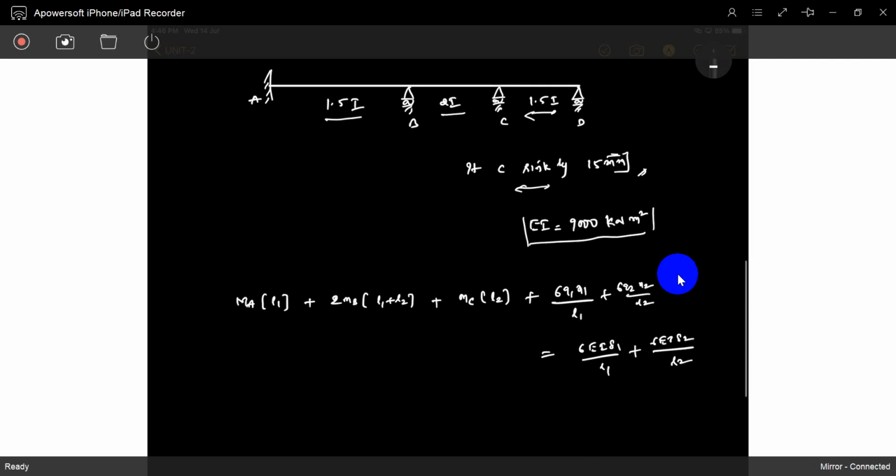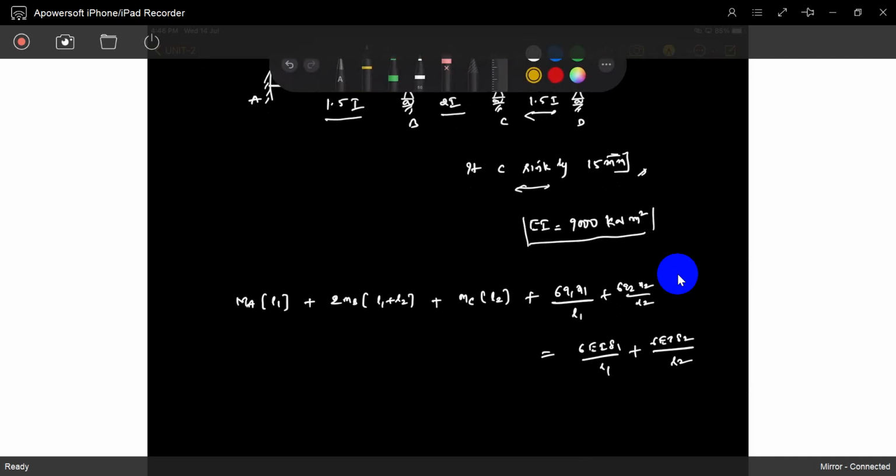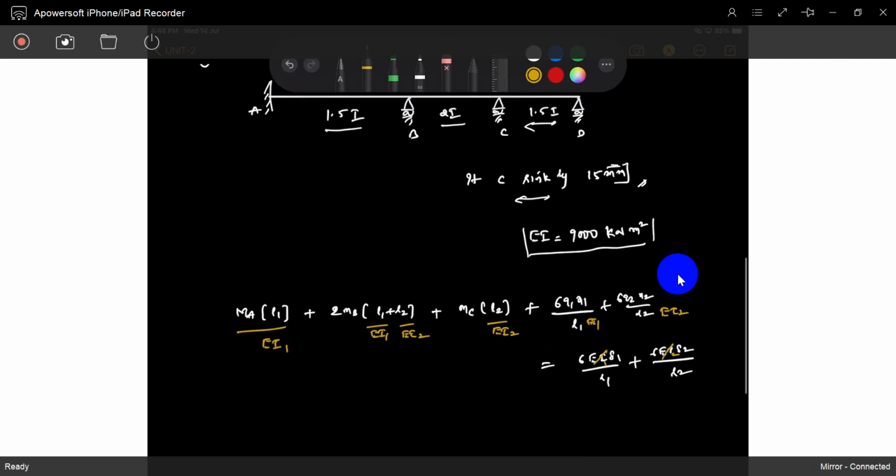Now, if it is divided by EI, how does it come? It comes like EI1, EI2. If divided by EI, I2 will cancel. That is the equation. No big deal, just divided by EI.